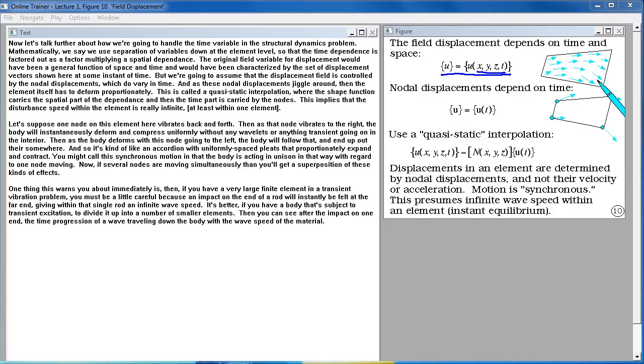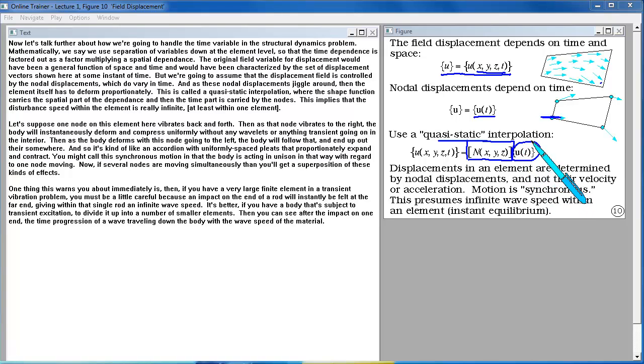But we're going to assume that the displacement field is controlled by the nodal displacements, which do vary in time. And as these nodal displacements jiggle around, then the element itself has to deform proportionately. This is called a quasi-static interpolation, where the shape function carries the spatial part of the dependence, and then the time part is carried by the nodes.